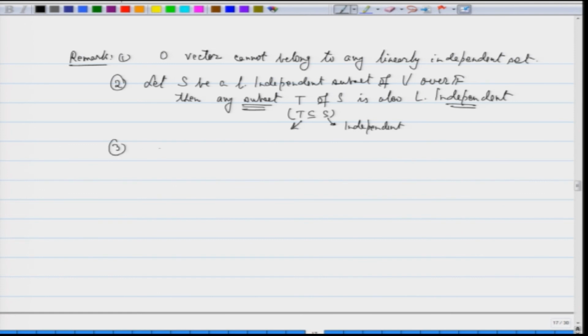Third one, let S be a linearly dependent set in V, then any superset, fine. So, I have got T, T contains S, all right.